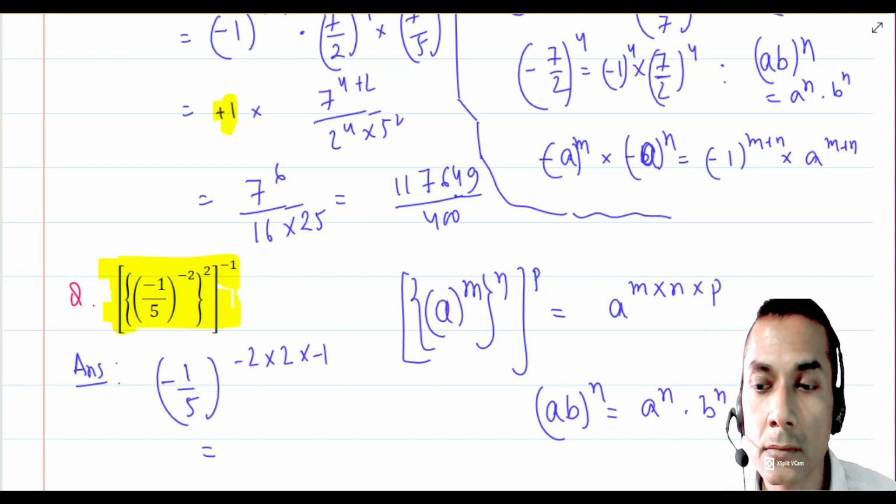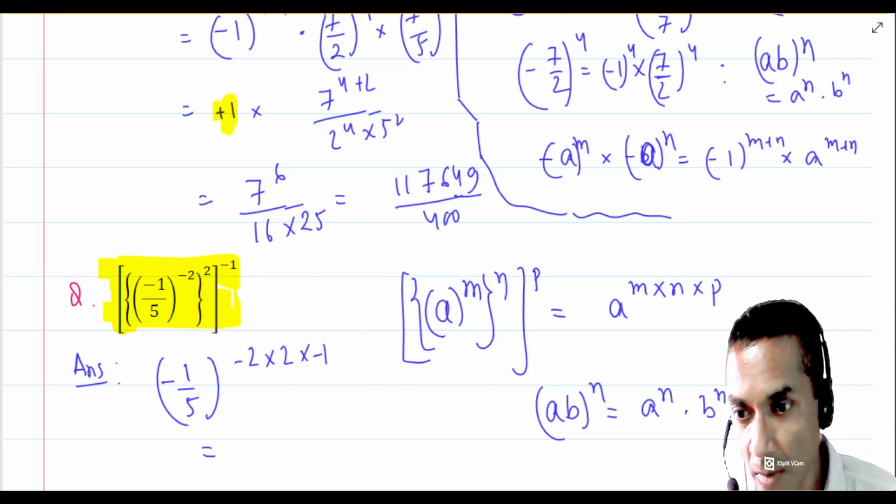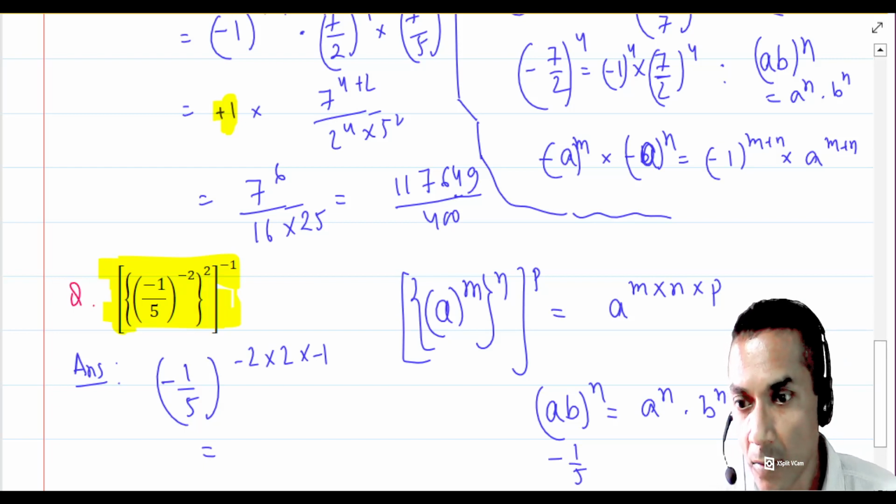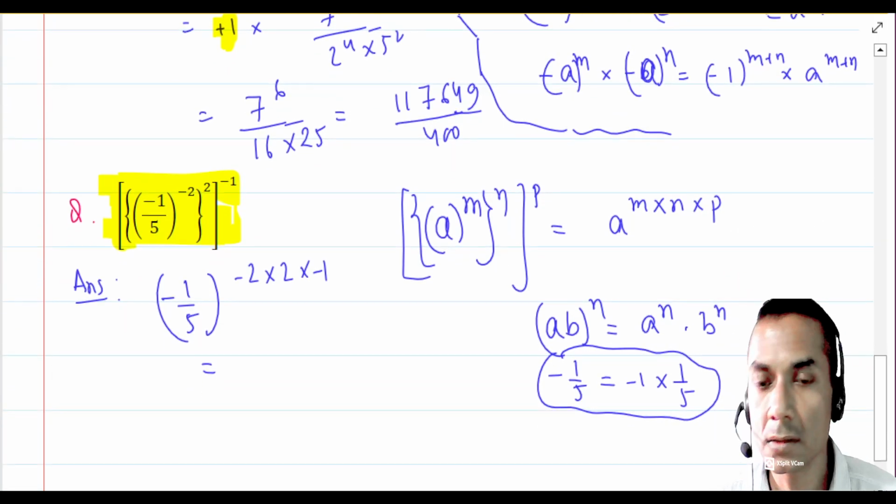Clear? So here also, minus 1 by 5 means minus 1 into 1 by 5. You remember this, it's very, very important. So minus 1 by 5, after multiplying the total powers, minus 2 into 2 minus 1, minus 1, is plus 2, that is 4.